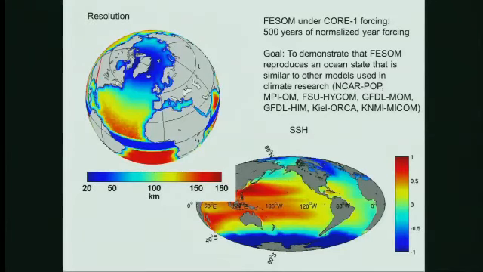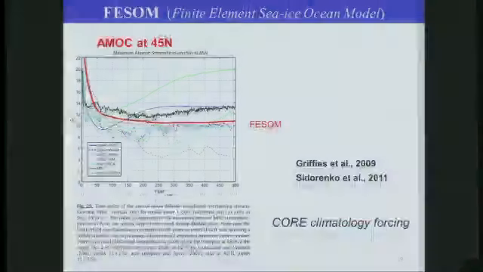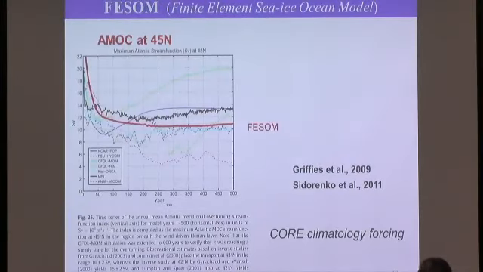This is 500 years of simulation under climatological perpetual year forcing, and this shows the mesh that we were using, and sea surface height. Many other models were involved, including those listed here. And in many respects we see that the circulation and all the parameters that we are getting are quite comparable to what other people have.